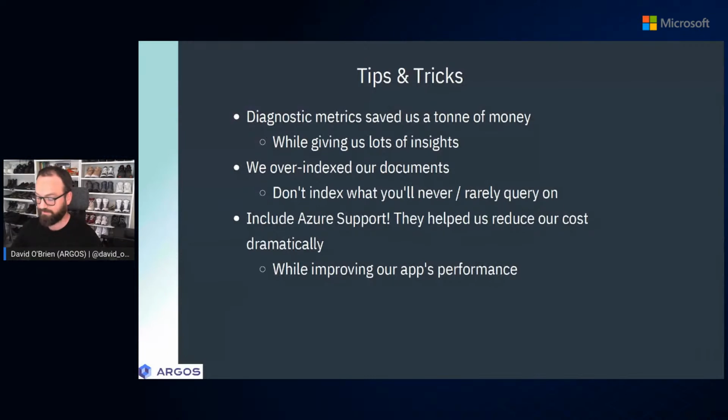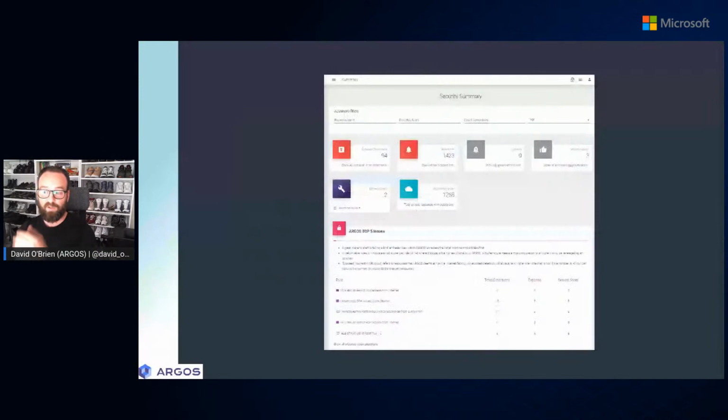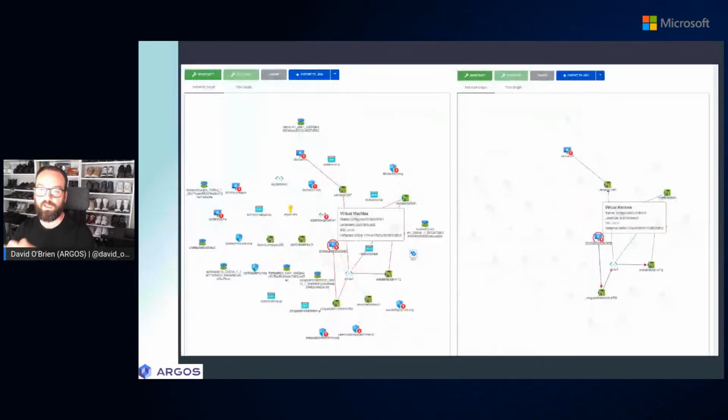Highly recommend. And that's how we ended up building an application that can now help our customers find and really automatically investigate security issues on their behalf. No human needs to go and build a diagram like this.